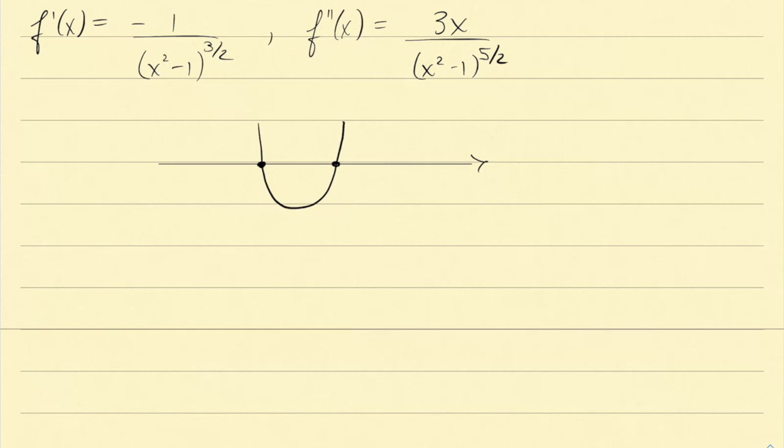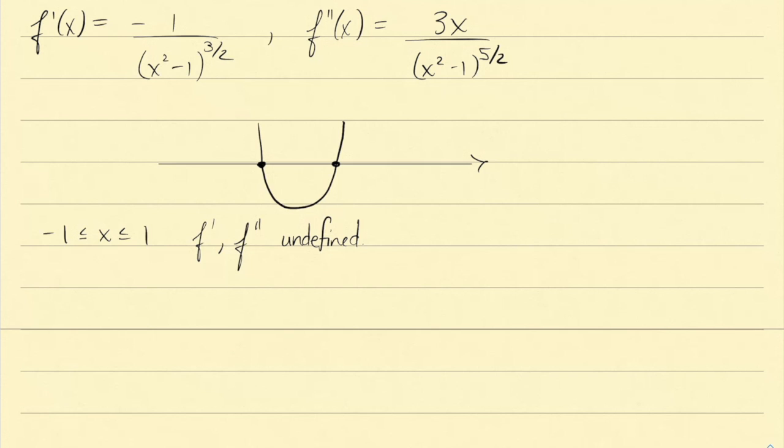For both the first and second derivative, observe that when x is between -1 and 1, both f prime and f double prime are undefined. They're undefined at -1 and 1 because we would have a 0 in the denominator, and we are undefined on the open interval from -1 to 1 because in both cases our denominators take square roots of negative numbers, which is not going to work.